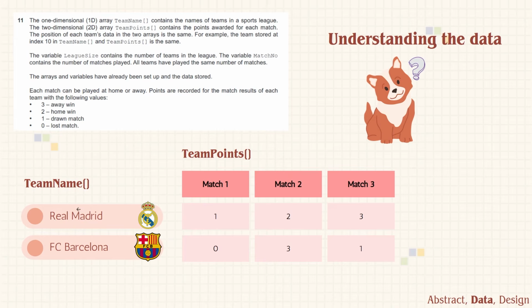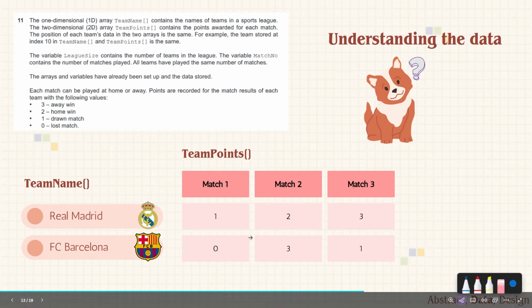So for example, Real Madrid here is the first row, so the first team here would correspond to the first set of points here, aka points 1, 2, and 3 would be Real Madrid's, and 0, 3, and 1 would be for Barcelona. And this would apply for further teams down the line.